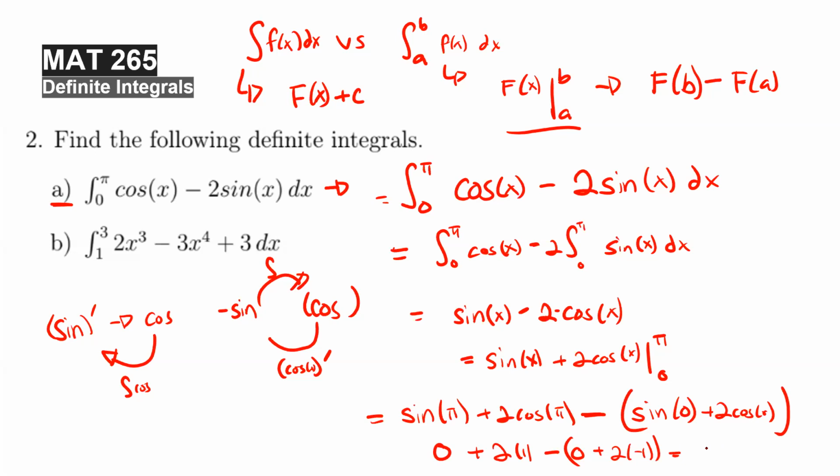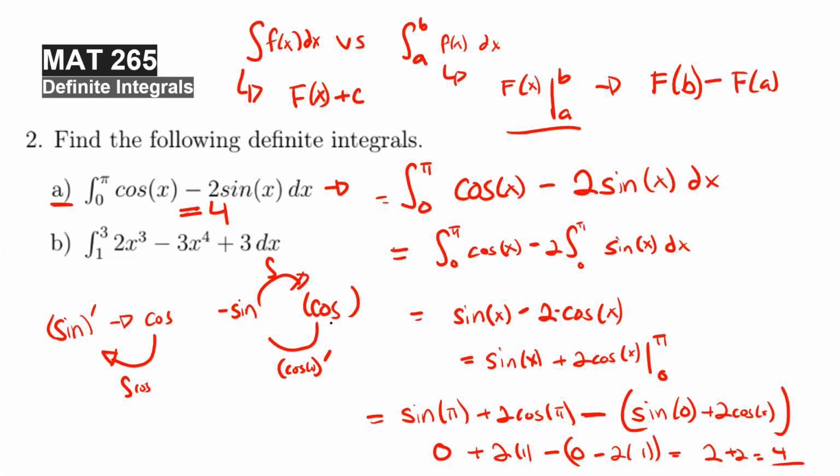So then we get negative 2 minus 2, which is negative 4. Anyways, after all that work, we found the integral from 0 to pi of cosine x minus 2 sine x.